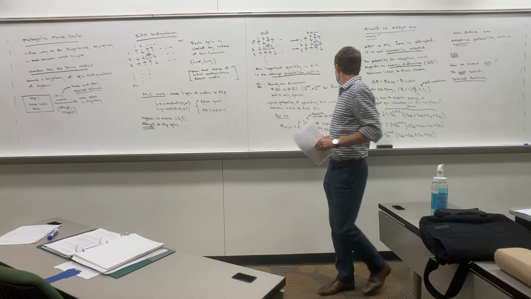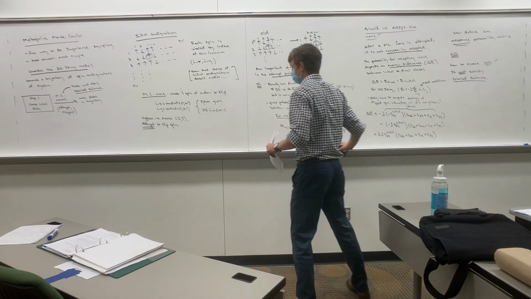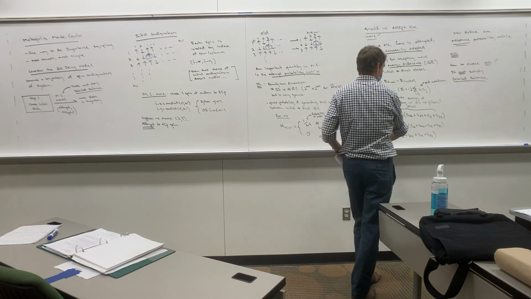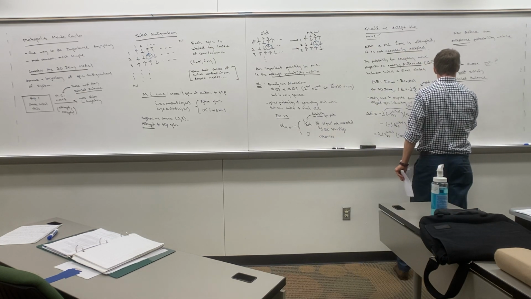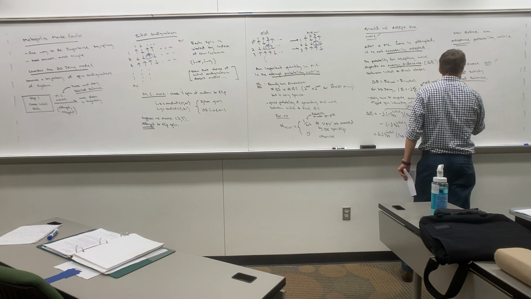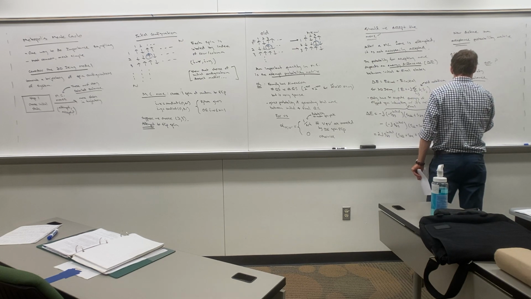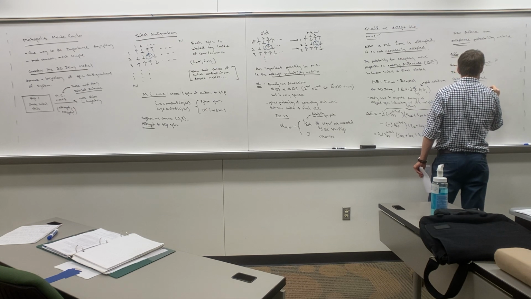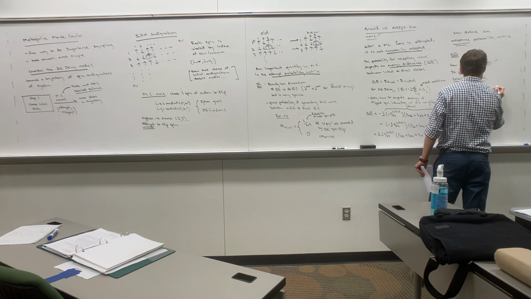So maybe I should do this. I think it's important. Let me write an aside. Before we talk about detailed balance, it's really important to make the connection with kinetics. Aside: kinetic equilibrium. Okay.